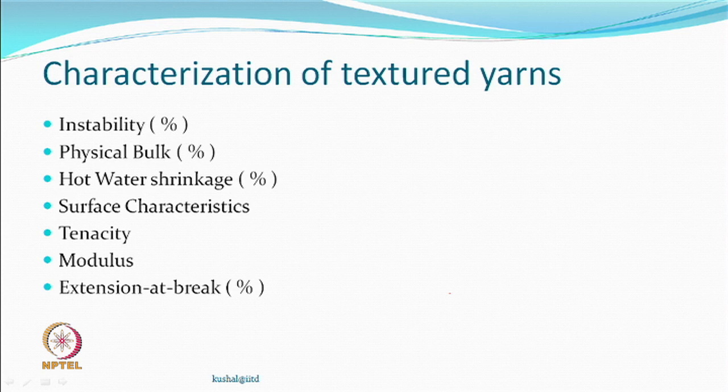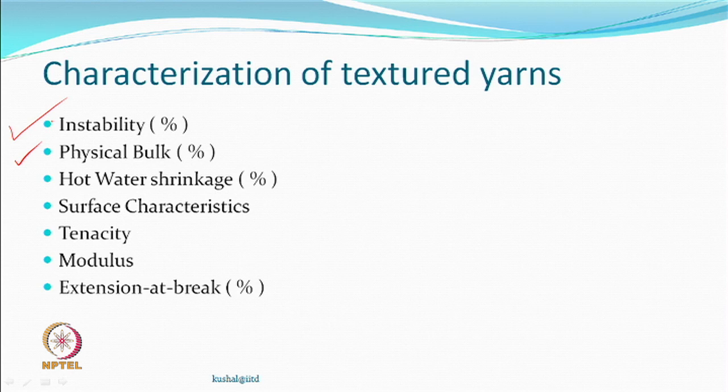Instability is one important parameter which must be measured, because if instability is more, you can't sell the yarn. And that is the reason, if you remember, our machine speeds originally have been very slow, so that you could at least do something about the instability. Physical bulk percentage.